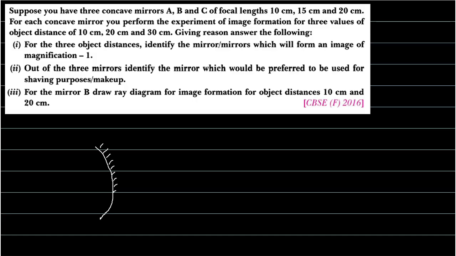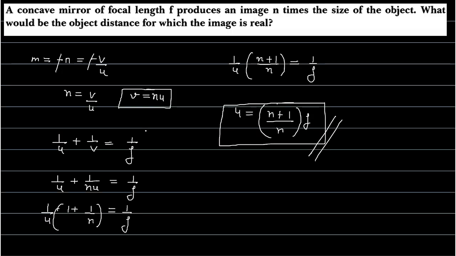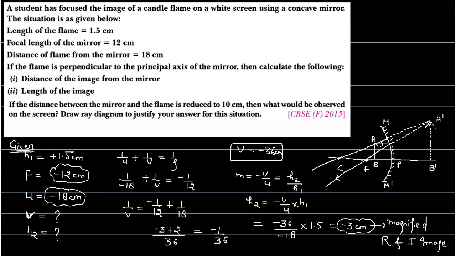So for mirror B, the focal length is 15 centimeter and u it is saying 10 centimeter. So that means they want us to draw this diagram. We have already drawn it, so no need to draw it again. I have clearly shown it here. You can just copy it from here, right?